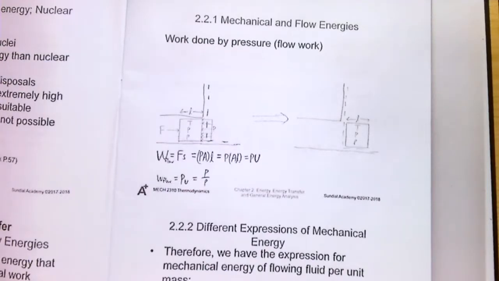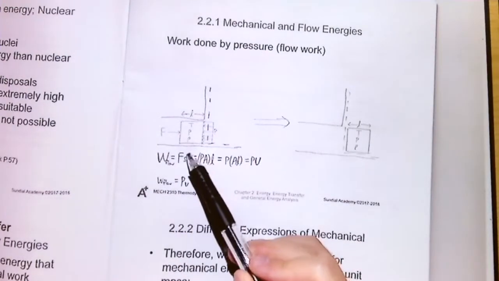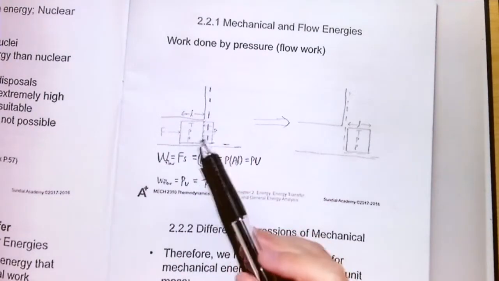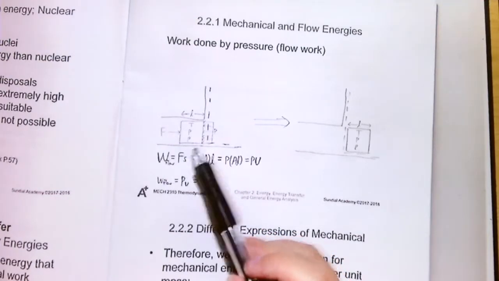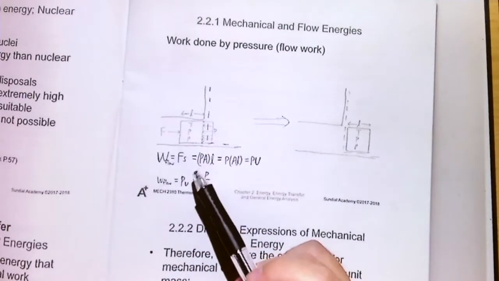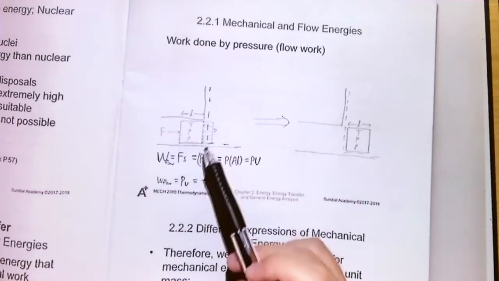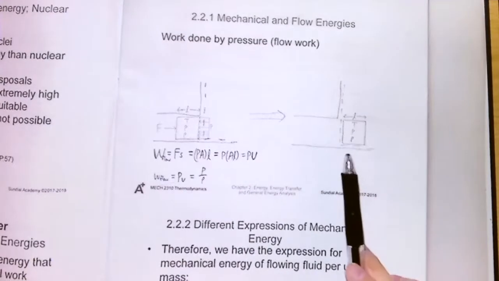Now we will derive the work done by the pressure. That is what we call the flow work. As you can see in this diagram, suppose I have a fluid element here, and there should be some pressure force that tends to push this fluid element out of this control volume. And we would like to find out the work that we need to input to this fluid element so that it can get into this control volume like this.